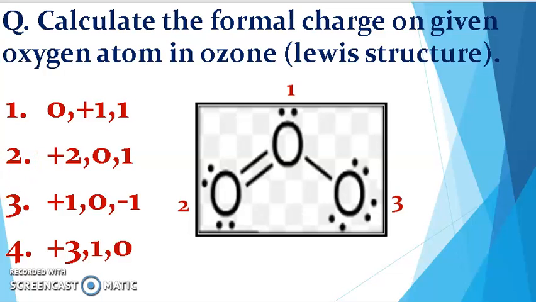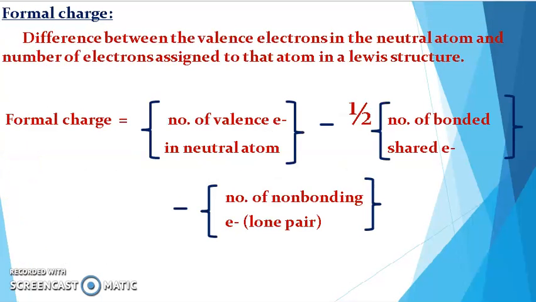What is meant by formal charge? You know it is the difference between the valence electrons in the neutral atom and the number of electrons assigned to the atom in the Lewis structure. So to find out the formal charge, what is the equation? Using this equation you can easily calculate the formal charge for the atom.